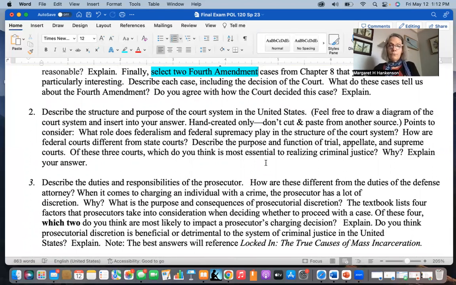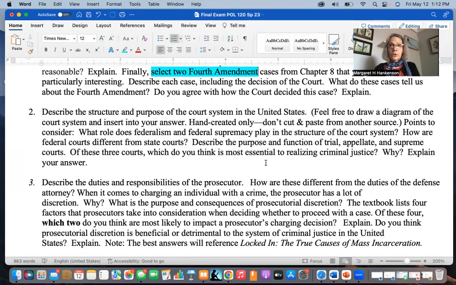If you want, feel free to draw a diagram of the court system and insert it into your answer, hand created only. Okay. What I mean is don't cut and paste a diagram that you found on the internet and take a screenshot and put it in your exam. That's not what I'm looking for. If you have the capacity to draw it, take a picture of it, and then insert that into your exam, absolutely fine.